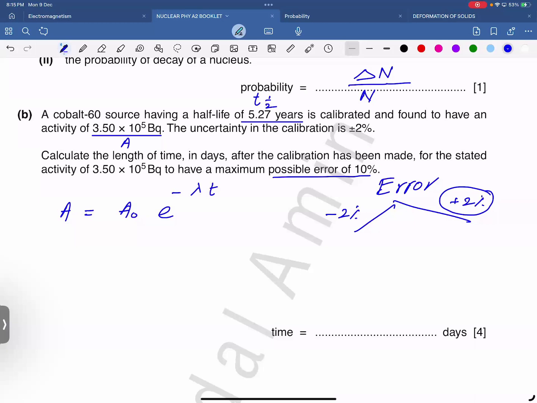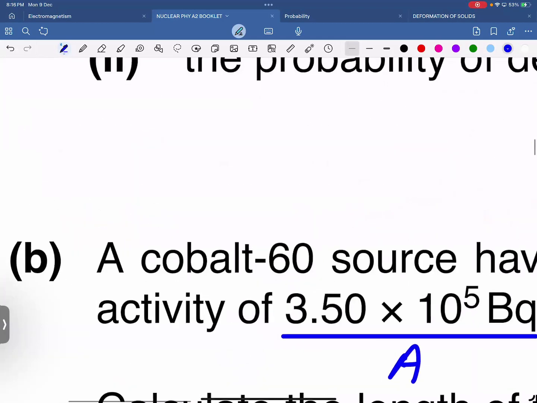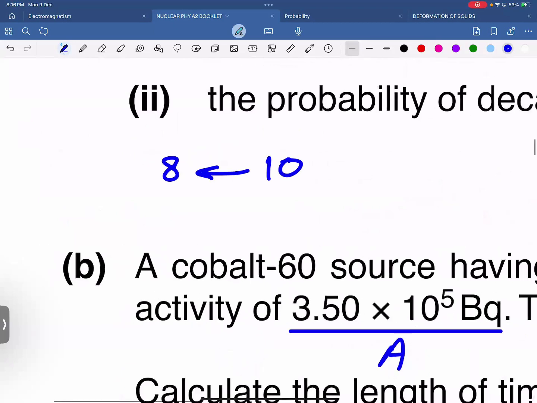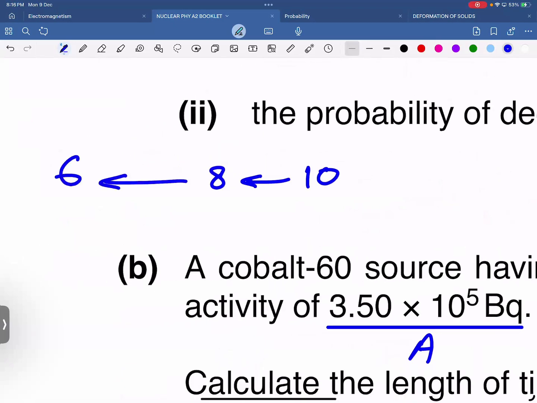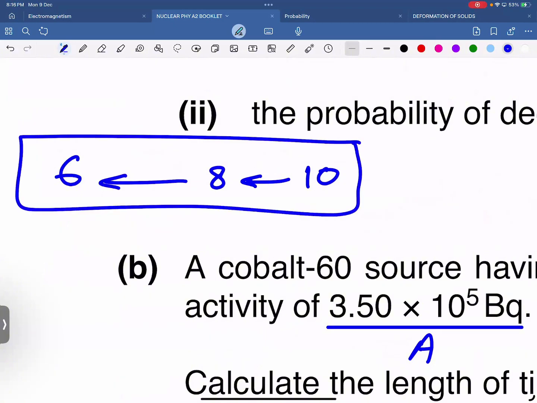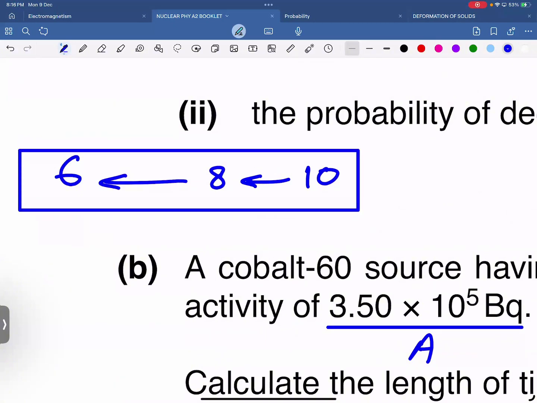Again, look. The maximum possible means adding the uncertainty. It's just like if you have the maximum is 10, uncertainty is 2, so it means the mean will be 8, and the minimum will be 6. So this is your variation in the calibration error.